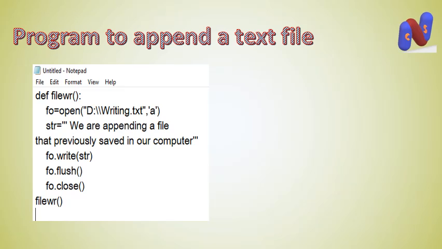The second thing is str. In str, we are appending to a file that was previously saved in our computer. This is the new value I want to retain in the file. I have some values and I want to append this value to our file, so I have used str.